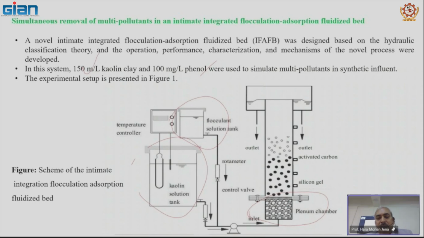You see these solid dots are nothing but activated carbon, and these hollow dots are nothing but the air phase. Then the outlet is there.